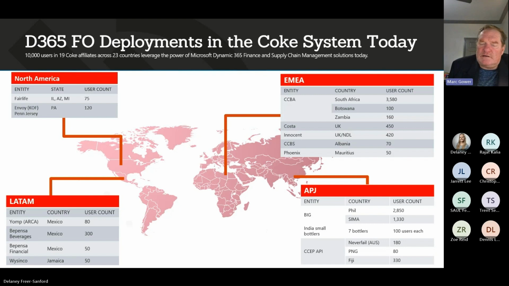With CCEP, we're busy with implementations at the moment in Papua New Guinea, Fiji, and Iceland, which are all integrated into a back-end SAP system. That's also going to form part of our reference architecture for other customers to take advantage of.